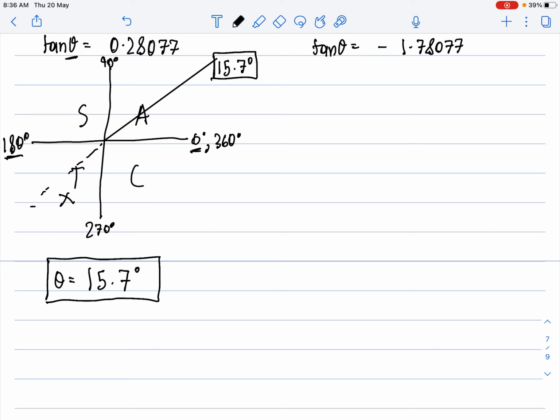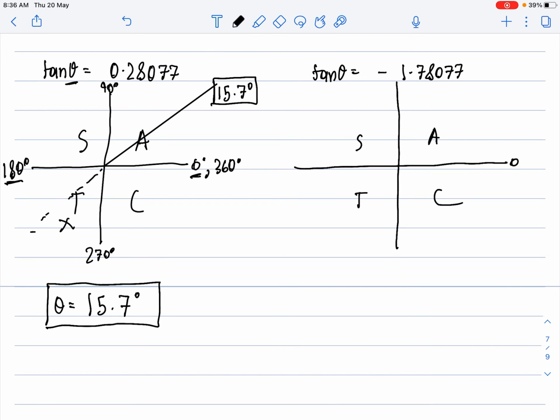Now, what I need to do is I need to take the second value, which has ASTC. Correct? Between 0 degrees and 180 degrees, tell me where tan is negative.